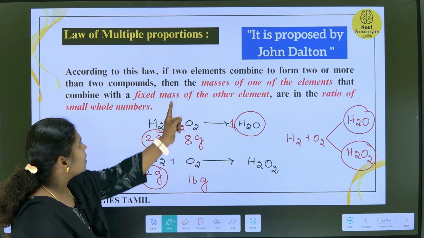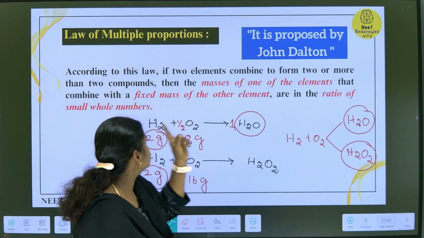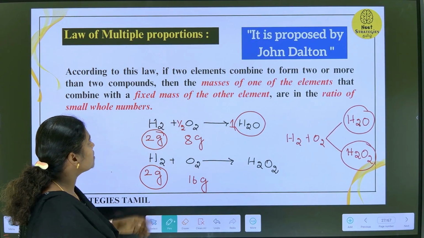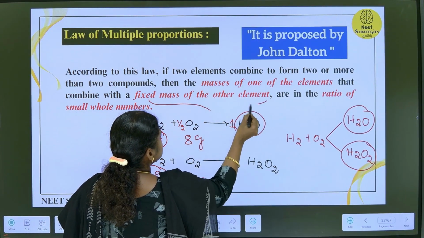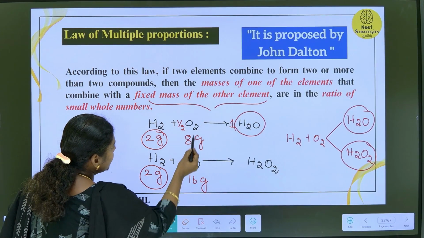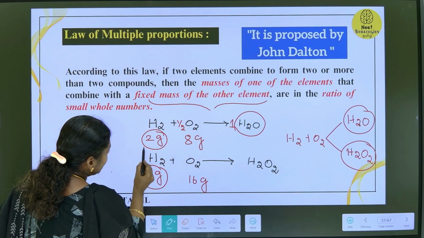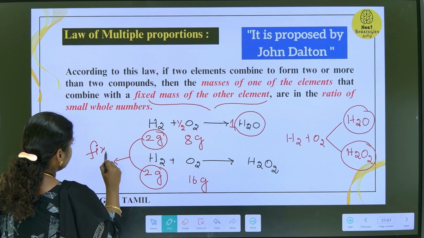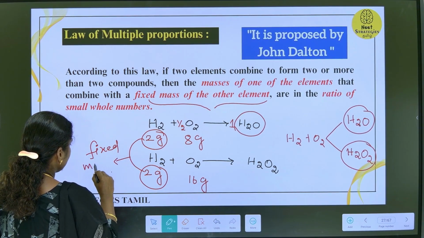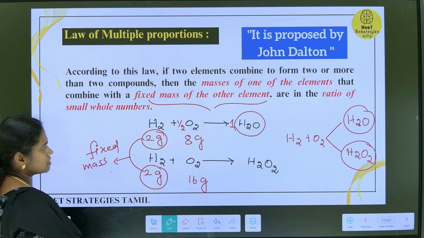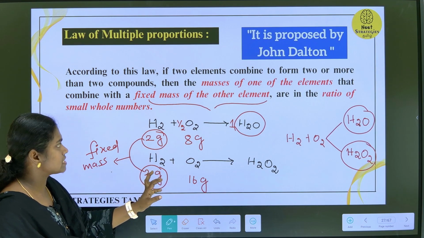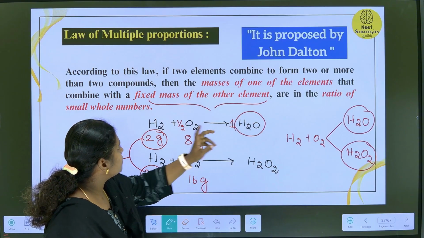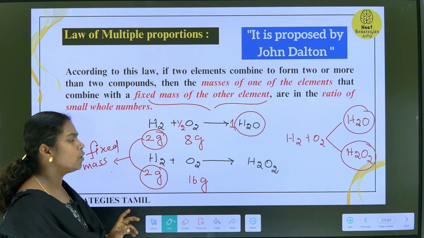Now the mass of one of the elements that combines with the fixed mass of the other element: this will be the fixed mass of the other element. So hydrogen is the fixed mass, and the other element, oxygen, is in the whole number ratio.